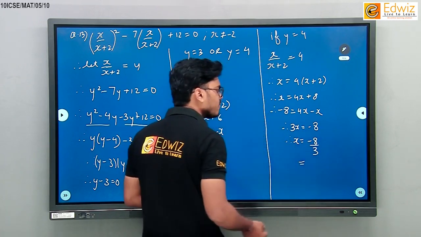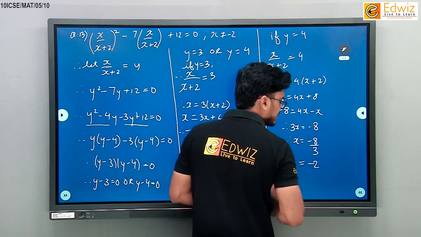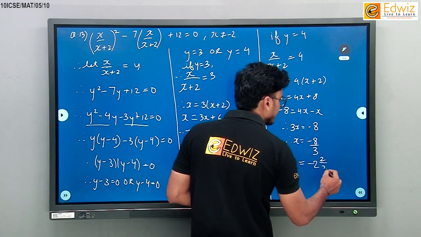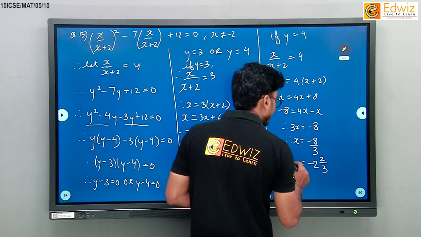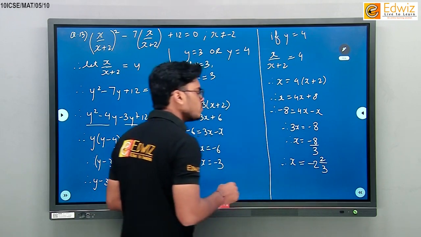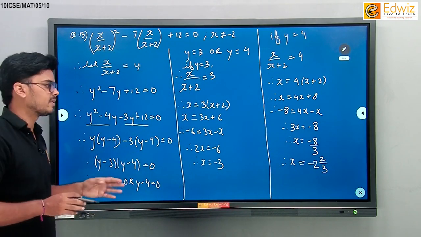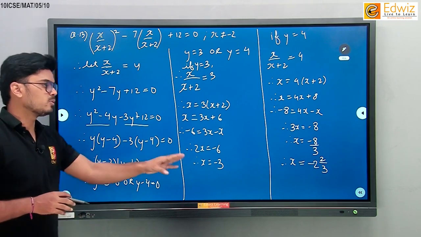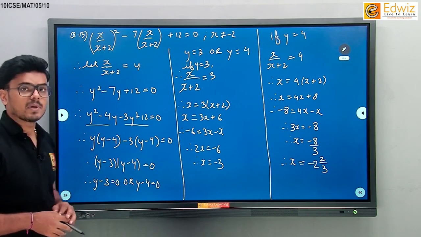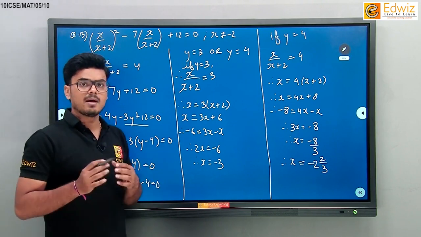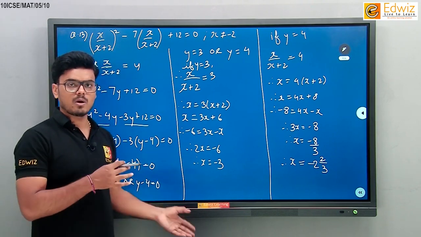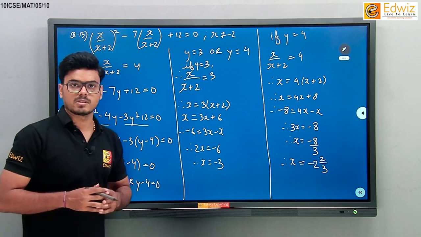In mixed fraction, if you want to write this, 3 2s are 6, 2 is the remainder divided by 3. So the value of x is minus 2, 2 by 3. 8 by 3 likho ya minus 2, 2 by 3 likho, it is the same thing. The two values are minus 3 and minus 8 by 3. I hope you have understood this question. I'll give you 1 minute to note this down now and then we'll move on to the next question.